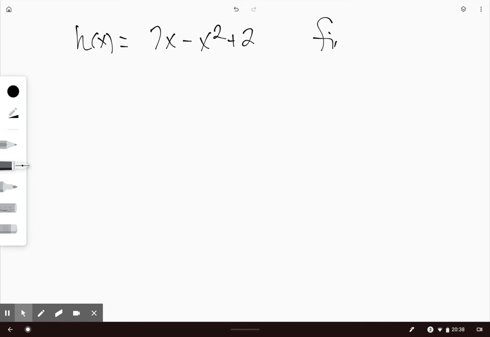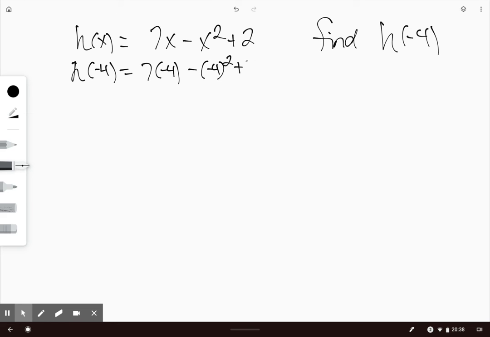And I need to find the h of negative 4. Okay, so to find the h of negative 4, I'm simply going to input negative 4 every place that I see an x.